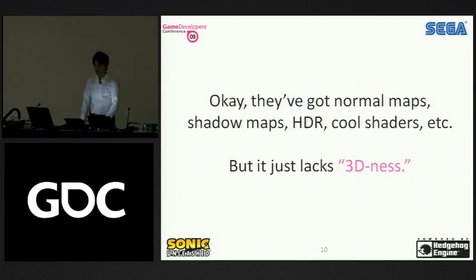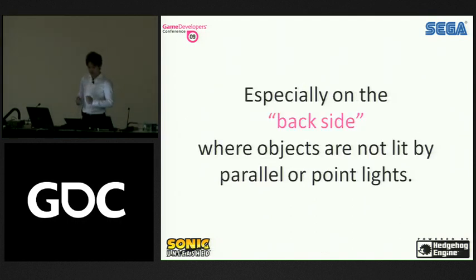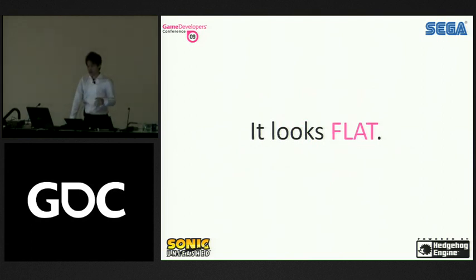That's what I thought. During the PS2, they were using PS2 graphics with normal maps. It looks a little bit richer, but it's not good enough. Then there must be some problem at the backside, where objects are not lit by parallel or point lights.